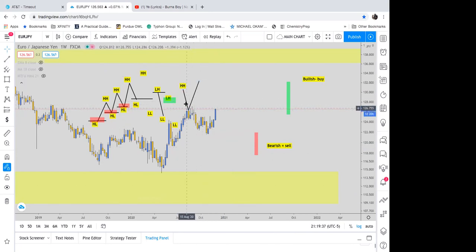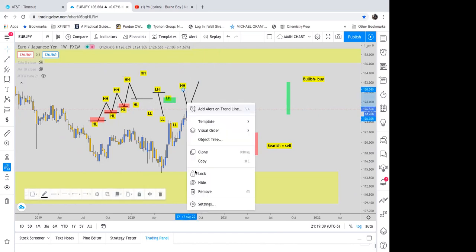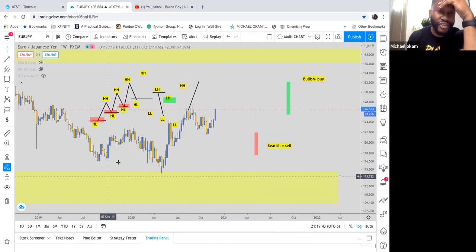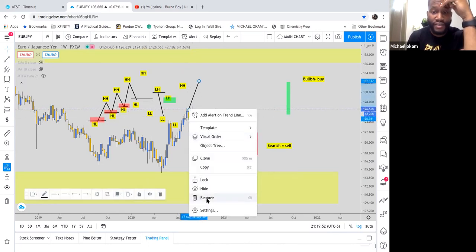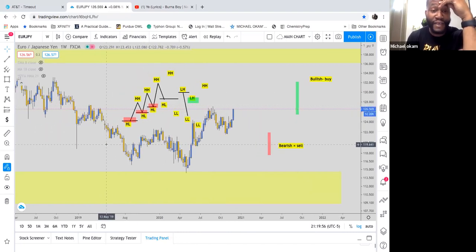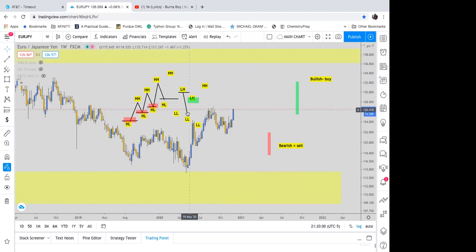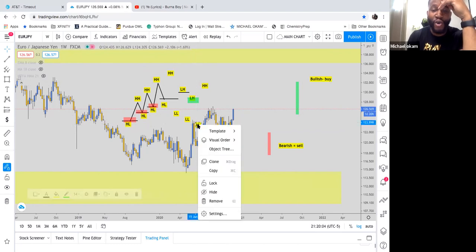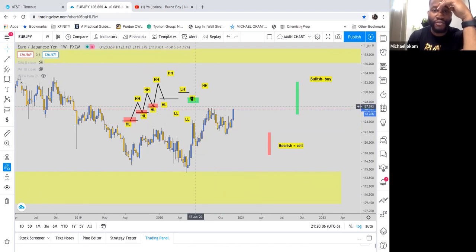You can start identifying structure literally from the weekly time frame, but I don't put a lot of emphasis on it just yet, because you got to understand at the end of the day, we're just day traders. We're not really, I know I don't have enough capital to be having my money sitting here for weeks. So I'm not at that level yet, right? But it's okay to know what structure you're in.